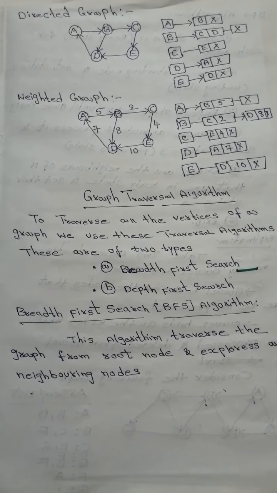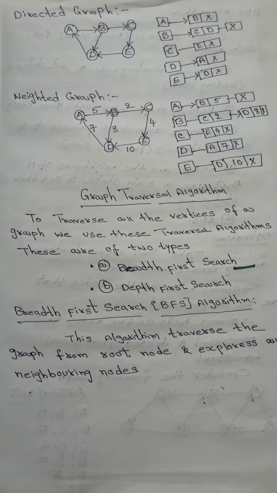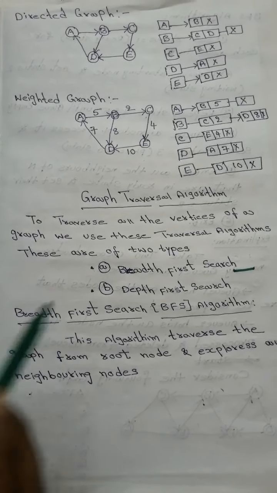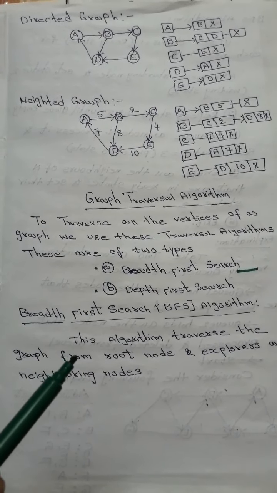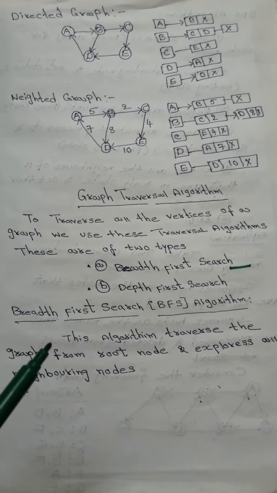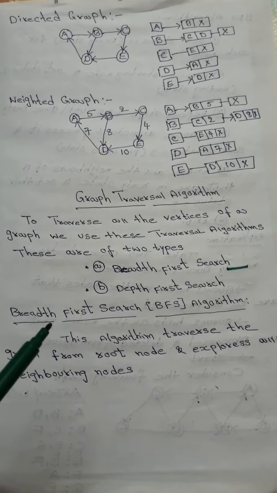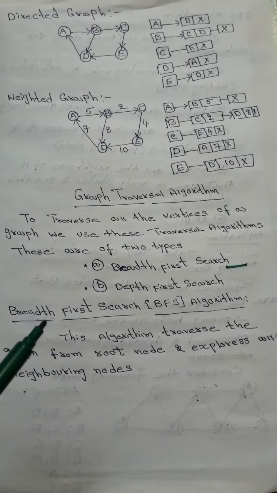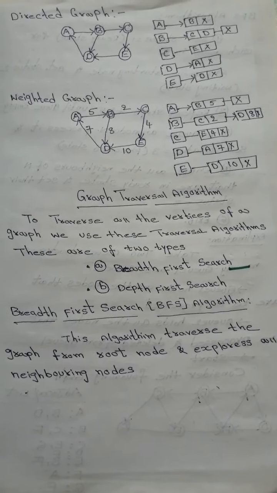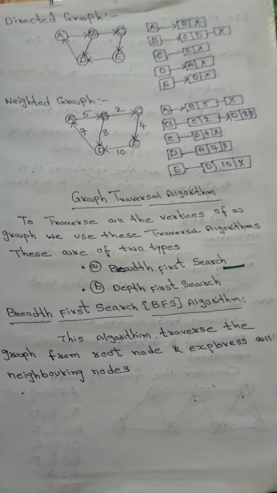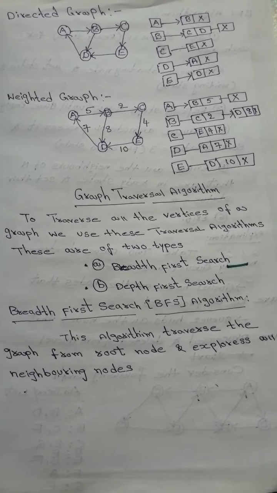Depth first search won't come level by level, it comes in a different criteria, whereas breadth first search comes level by level. As we discussed level order in trees, root node, next level 1, next level 2, next level 3, next level 4.